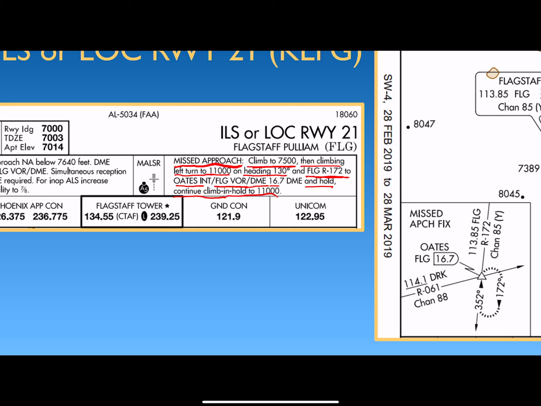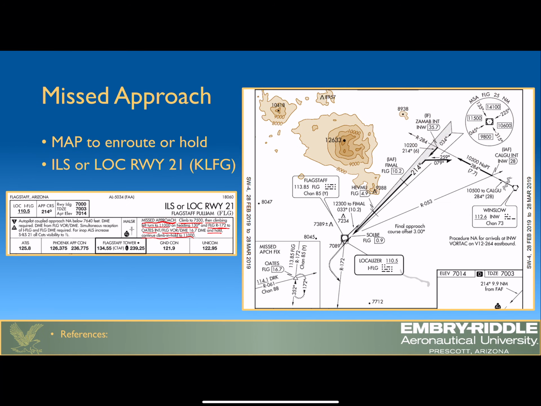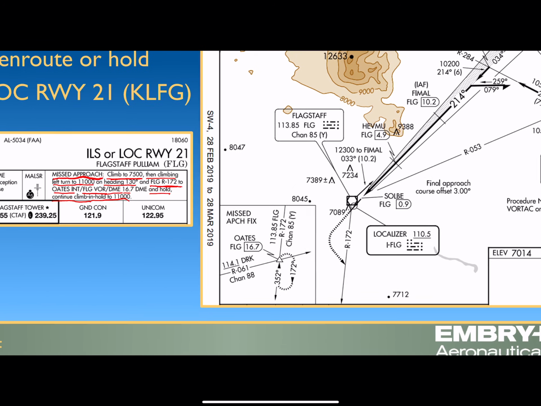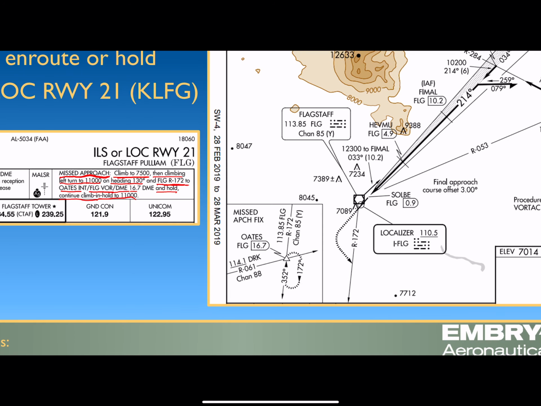So that description can get kind of confusing, so we just come over here and look at our map view to figure out what that means. So you can see here this dashed line represents our missed approach procedure. So again, I'm going to hit that missed approach point, go straight out, climb to 7,500, then make a climbing left turn to 11,000 on a heading of 130 to intercept the 172 degree radial.